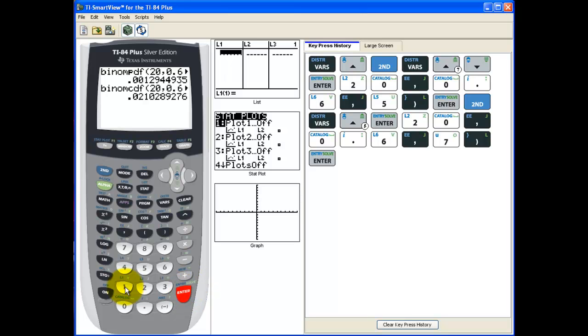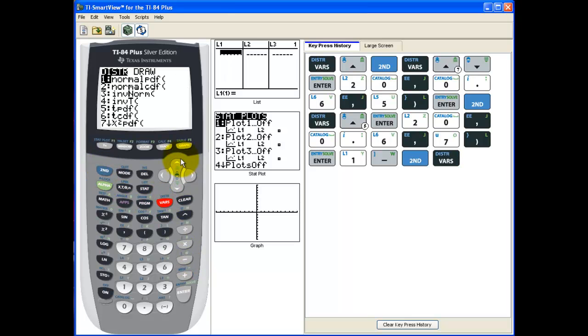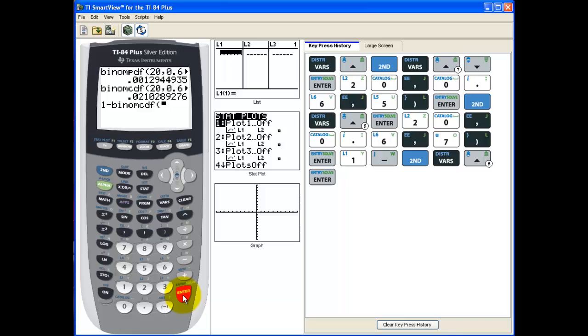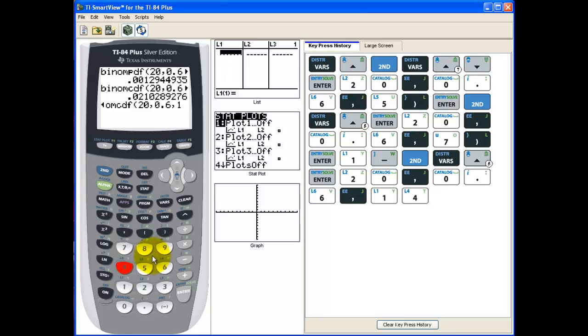So the best way to pull this off would be to take 1 and subtract the probability of the complement, which would be, in this case, binomial CDF, and the syntax would be again 20, comma 0.6, comma 14. If you'd used 15 in this case, you'd be off slightly and the result would be wrong.